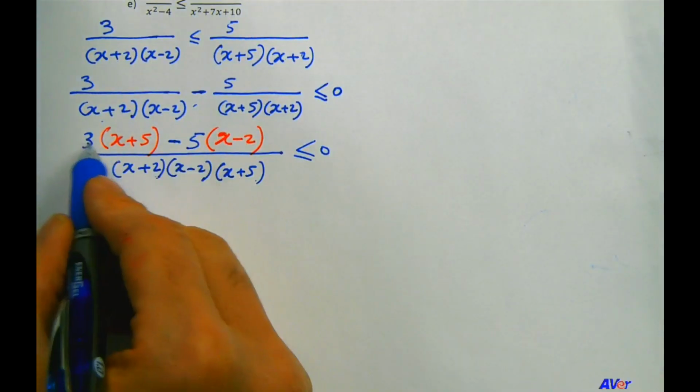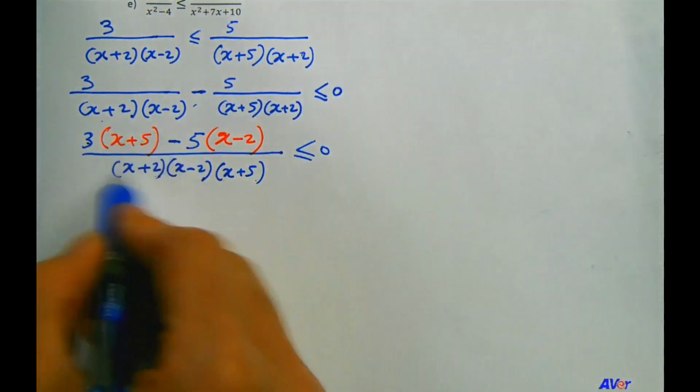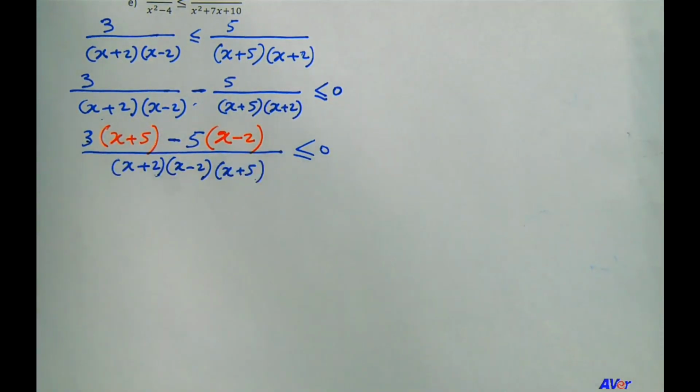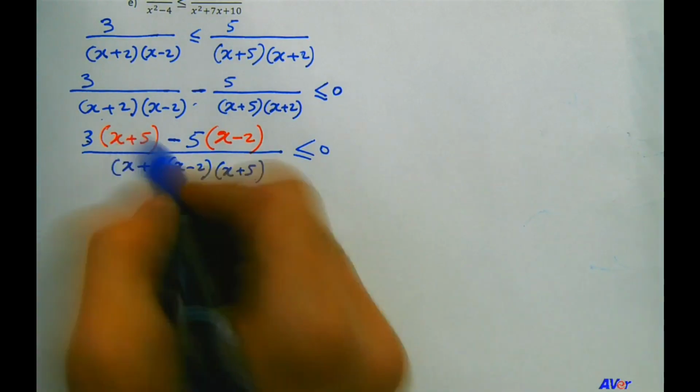Now, let's distribute this. The denominator is fine because it's in fully factored form, which we want. But the numerator, we need to distribute and simplify terms, right?